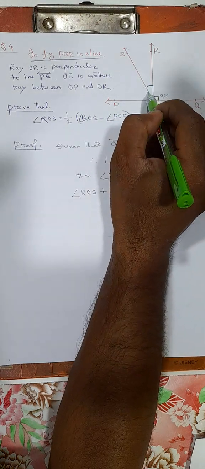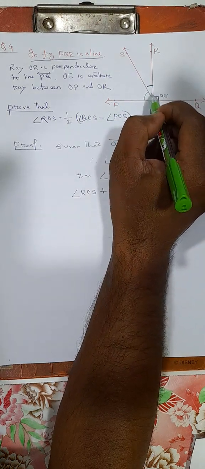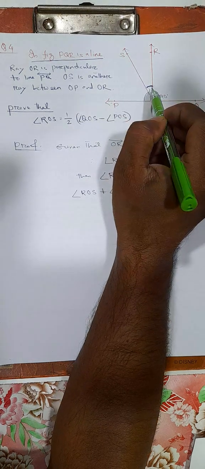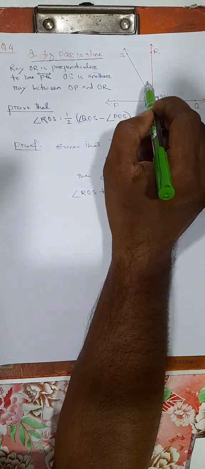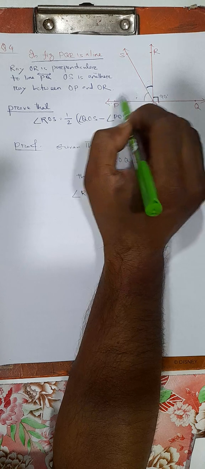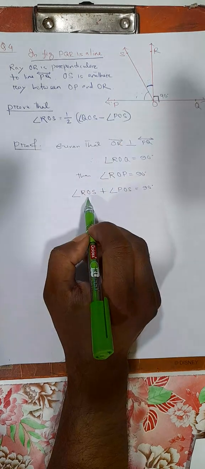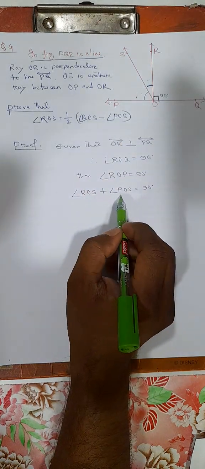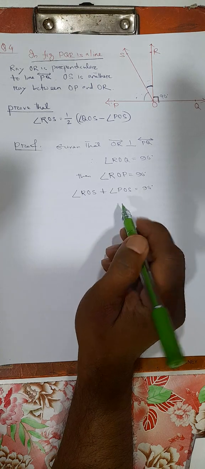This angle ROP, you can write in terms of OS, means it's a sum of these two angles. ROP is a sum of these two angles. So we are writing it: angle ROS plus angle POS is 90 degrees.